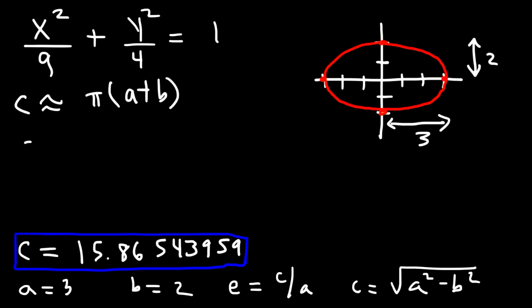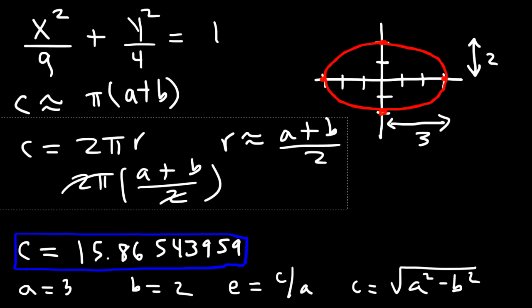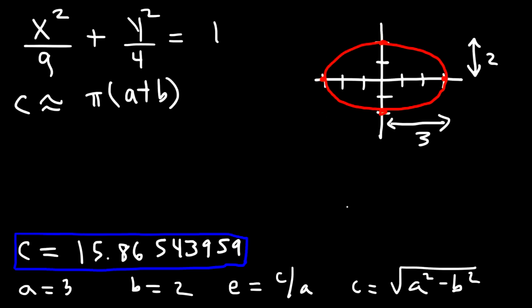So if you think of this equation, c equals 2 pi r, and you say that r is approximately the average of a and b, then you can come up with this equation. The 2's will cancel, and you get pi times a plus b. And for the most part, the answer is slightly off, but it's still a decent approximation.